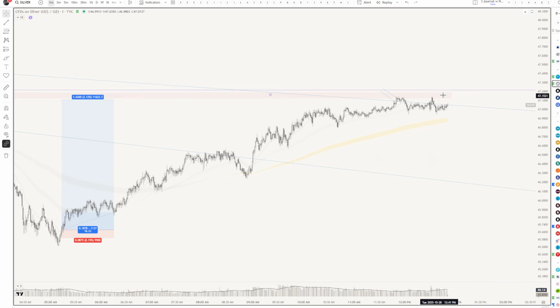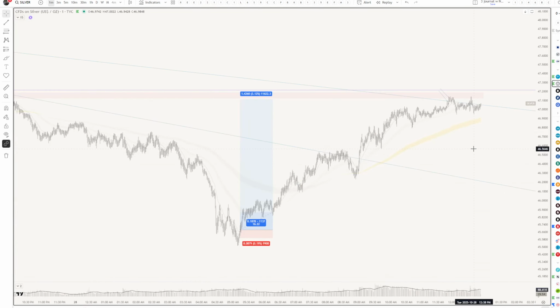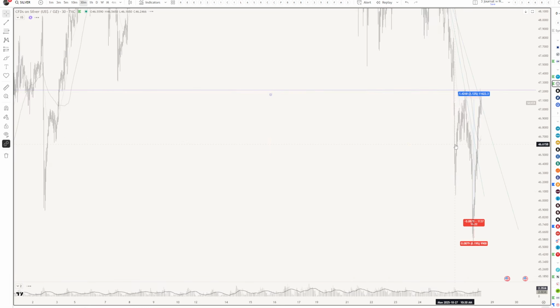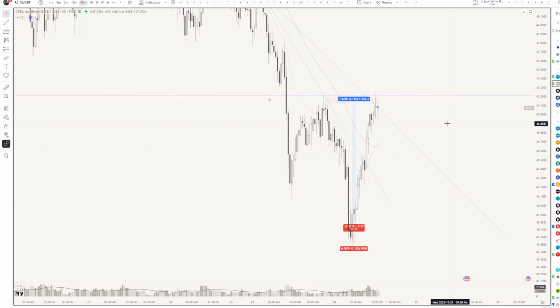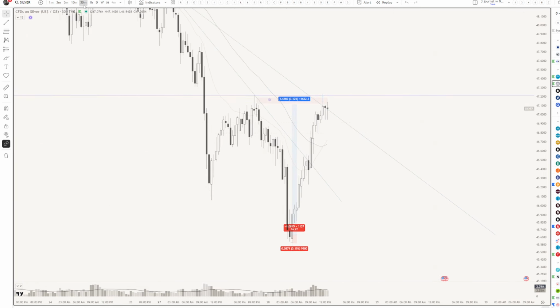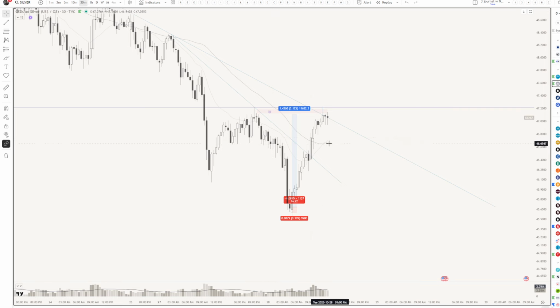A swing trade I would want to do above here, because I want it to be above the 5 on the daily, or 65 or 50, let's say 50 on the 30 minute, and we're already above this 50 and the 65.